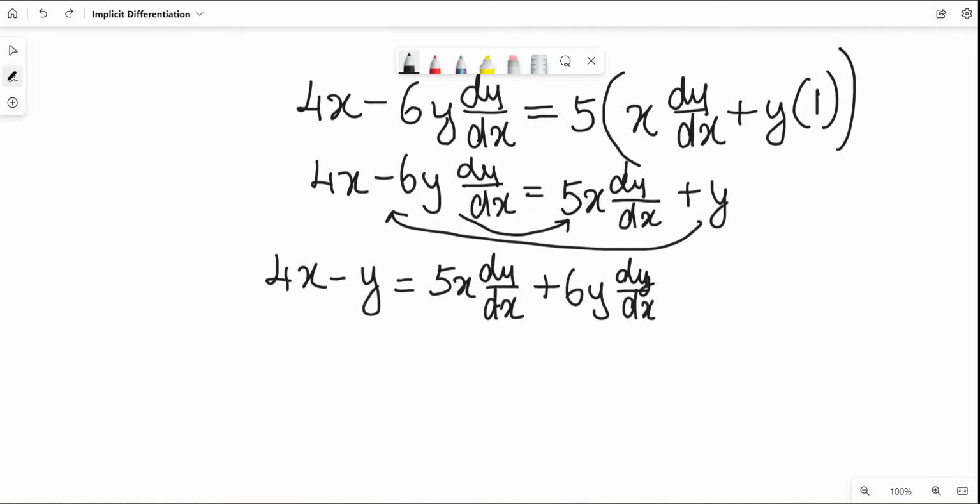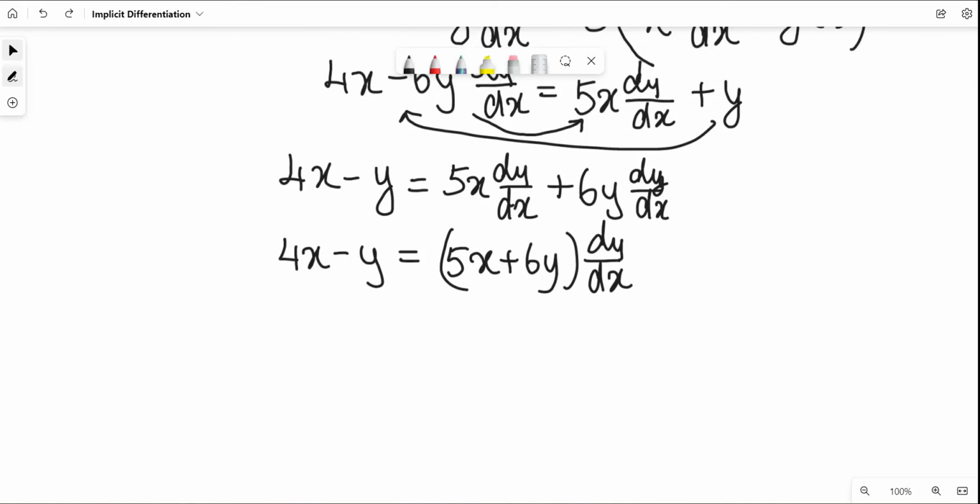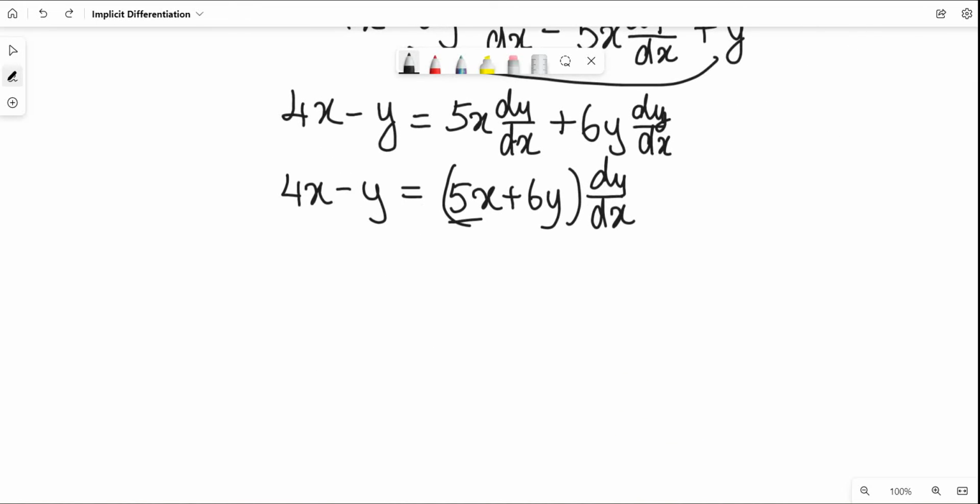So now we can take the dy by dx common. So we have 4x minus y equals 5x plus 6y all times dy by dx. And now we can just divide both sides by this.